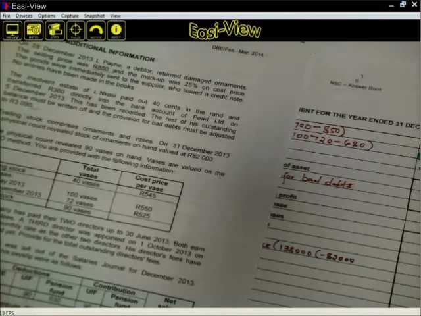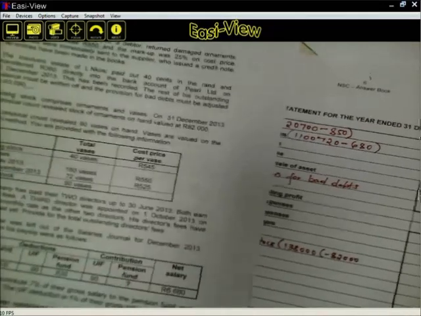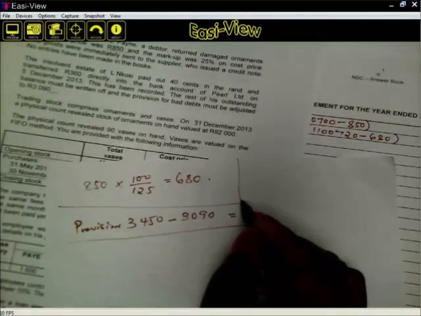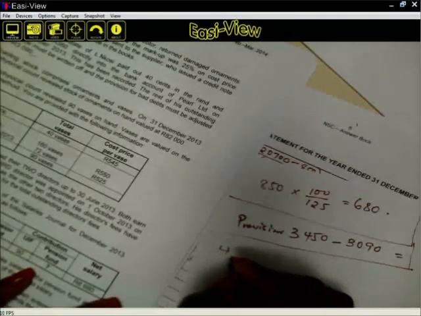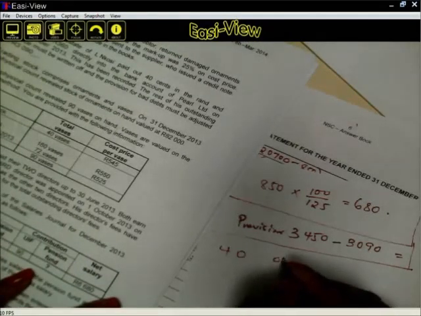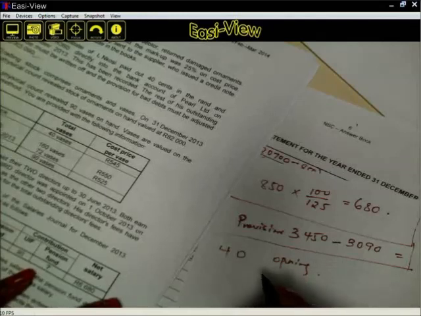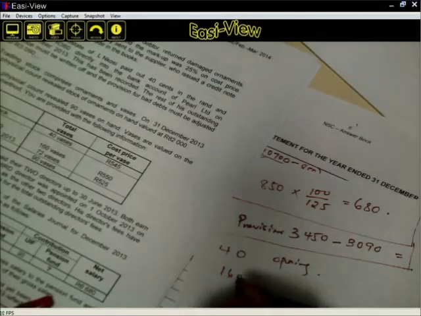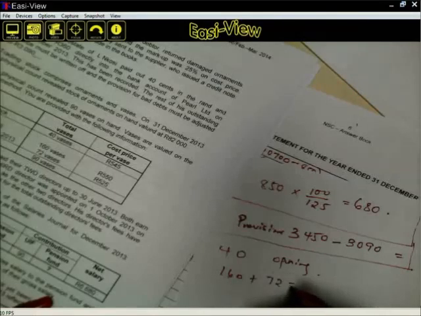And then when we have 90 on hand, it means 182 vases were sold. Coming back to our drawing board, we said we have 40 vases, which is opening. And then we have 160 purchases plus 72.